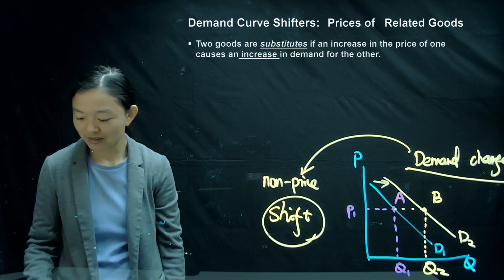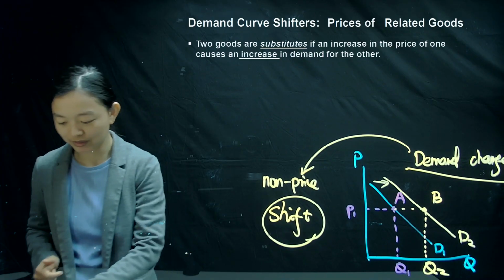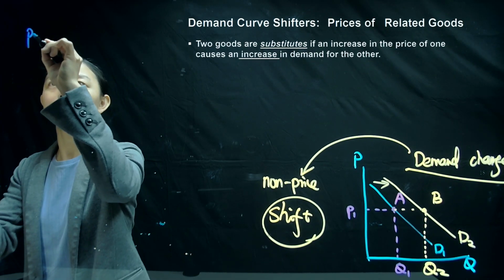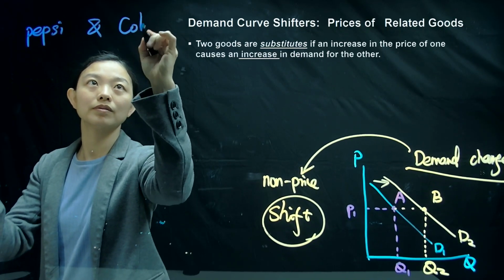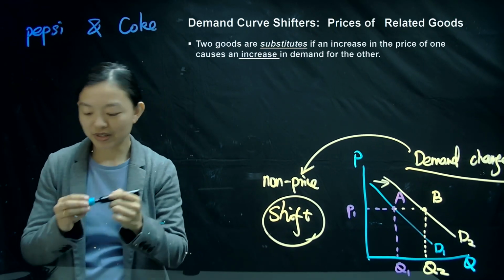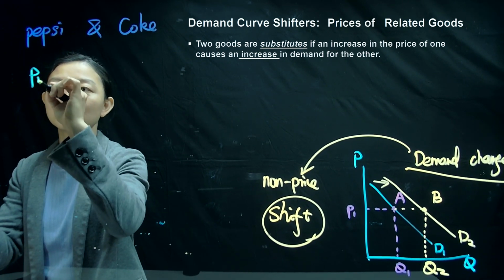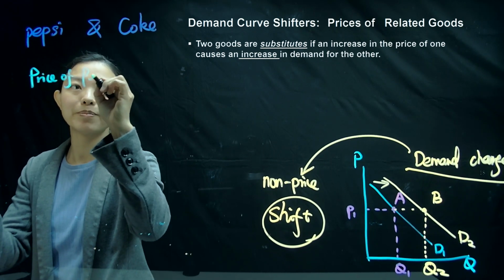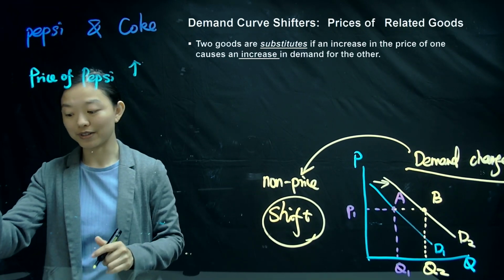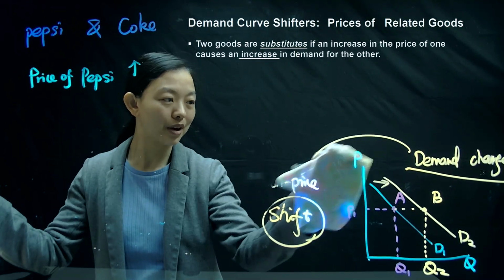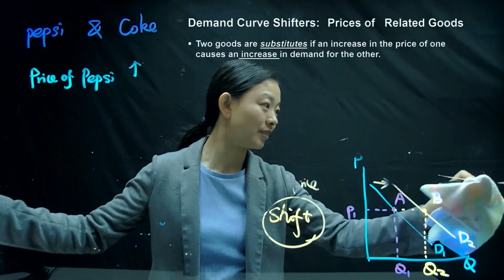So let's look at one of the most common substitutes, Pepsi and Coke. Let's see, if the price of Pepsi increases, what will consumers do first? If the price of Pepsi increases, what will happen?